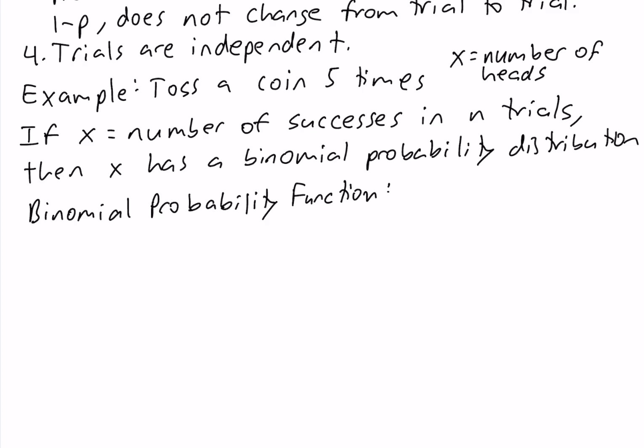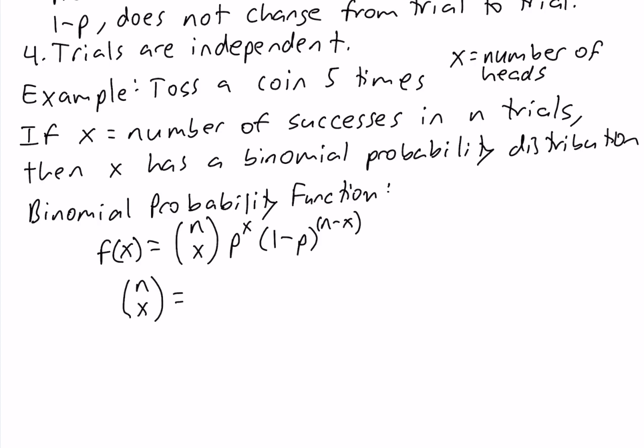Now, the binomial probability function is given by the formula f of x equals n choose x, p to the power x times 1 minus p to the power n minus x, where n choose x is the formula for combination, which is n factorial over x factorial times n minus x factorial.